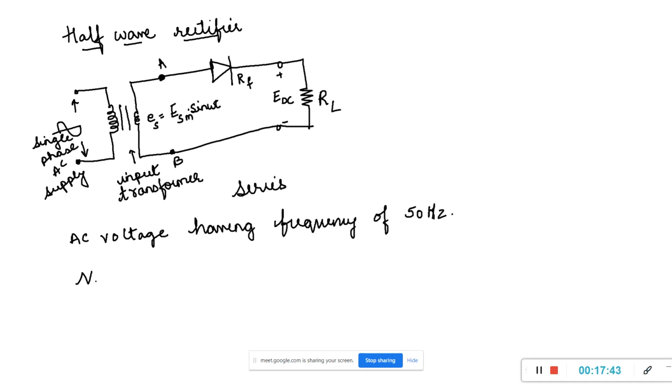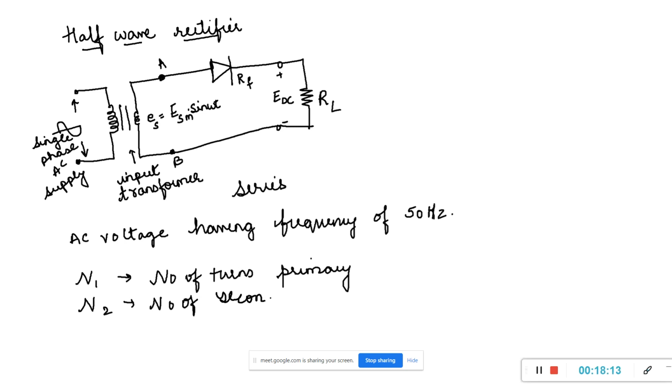So if N1 is the number of turns at the primary side and N2 is the number of secondary turns, then what is EPM, students?